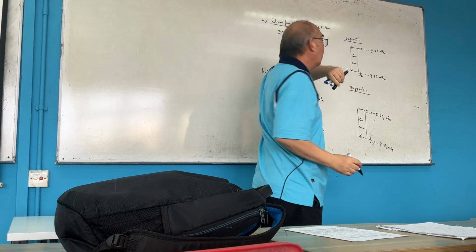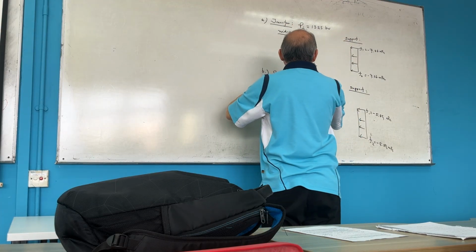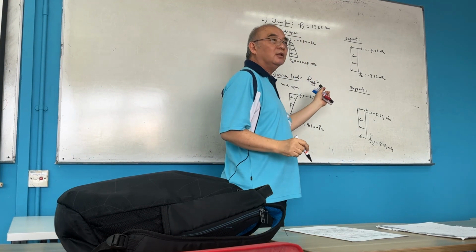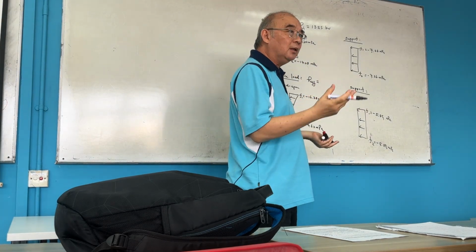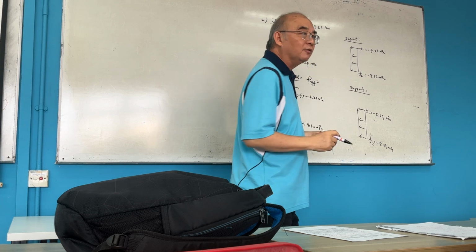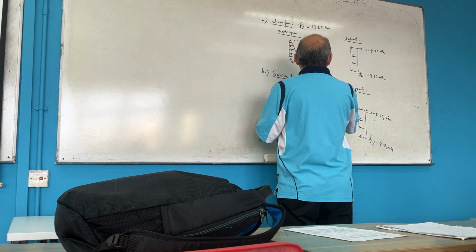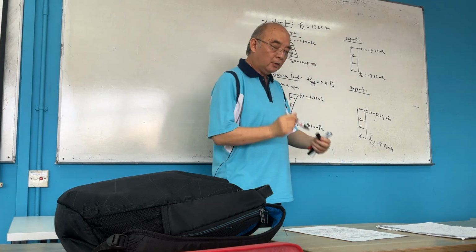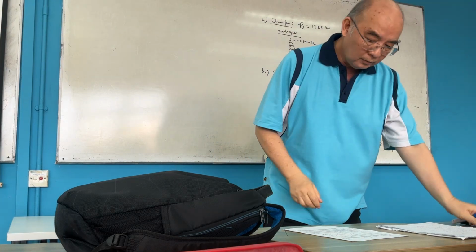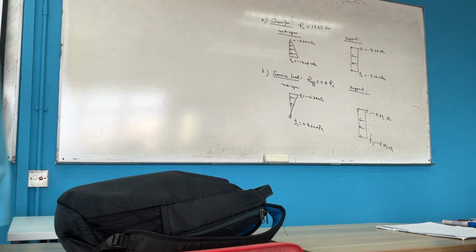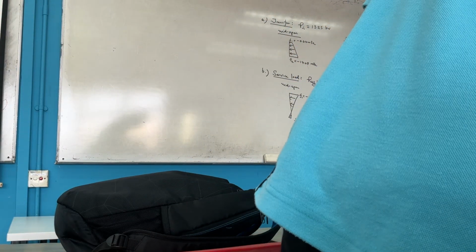Okay. All right. And then at service, you use P effective. Because we use 20% losses, that means 80% is left for the effective, right? So it is 0.8 times this one. Okay? All right.